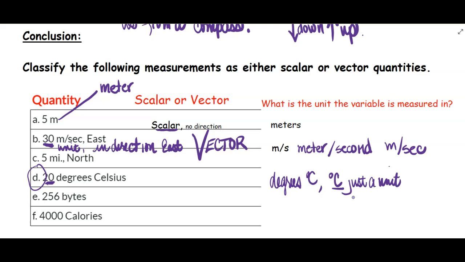Degrees Celsius. So this one has to be scalar because all it has is a number and a unit. All right. So did you find that E and F are both scalar? And that C must be a vector because it has a number and a unit, and it also specifies the direction of north.